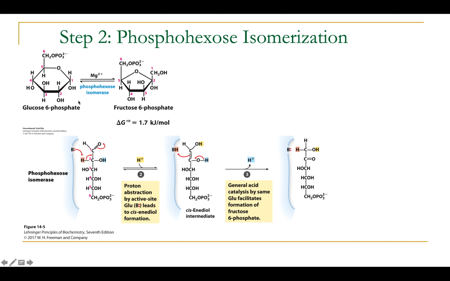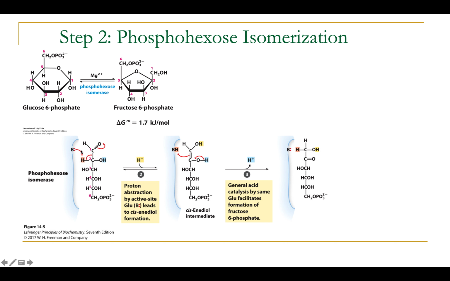The isomerization reaction is catalyzed by an enzyme called phosphohexose isomerase, which uses magnesium ions as cofactors. Phosphohexose isomerase can perform a similar aldose to ketose isomerization reaction also in the case of other hexoses, not only glucose 6-phosphate. The mechanism of phosphohexose isomerase catalysis is acid-base catalysis.